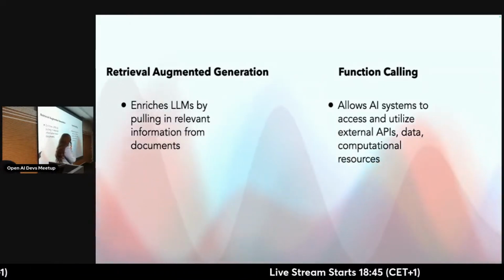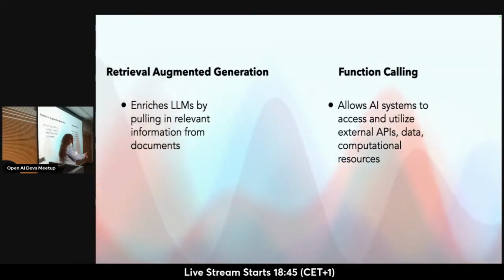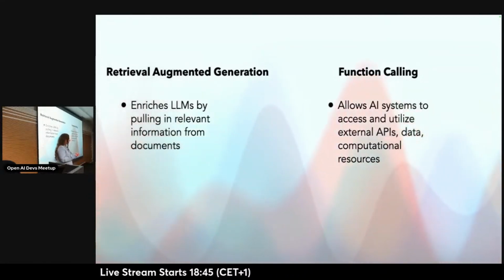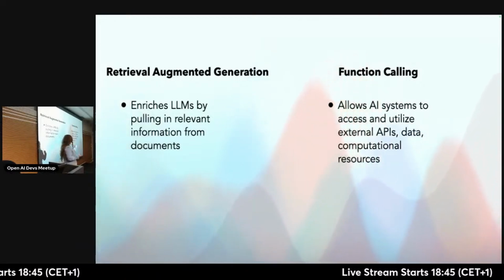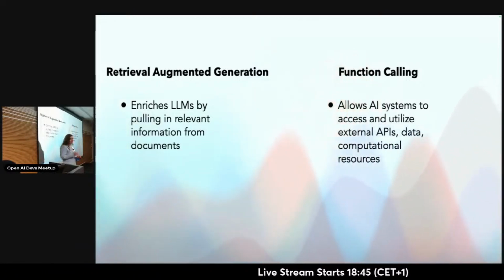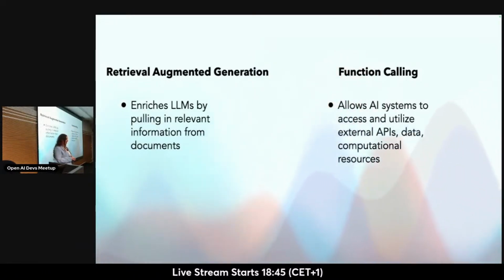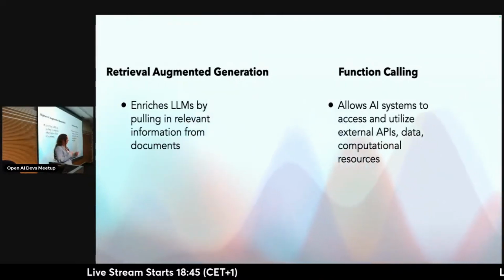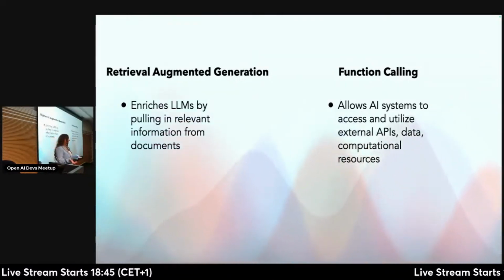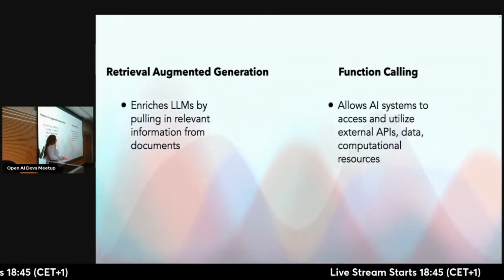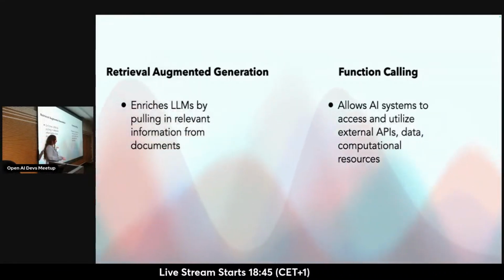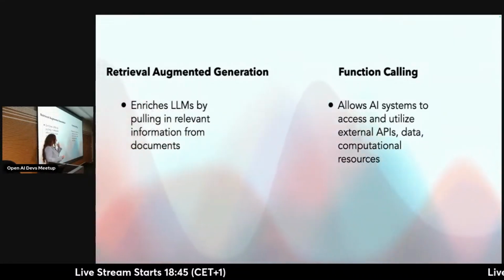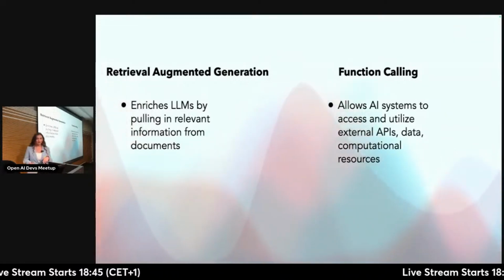Function calling, however, allows us to pull the data from an external system, from APIs. And why is this solution more accurate for this particular use case? Do you know why? Because the data changes. RAG can also be used, but every time we would need to compute embeddings, which takes time. So for this particular use case, we're going to use function calling.